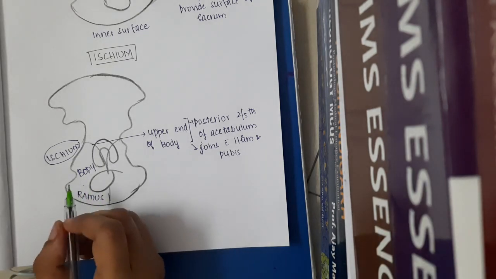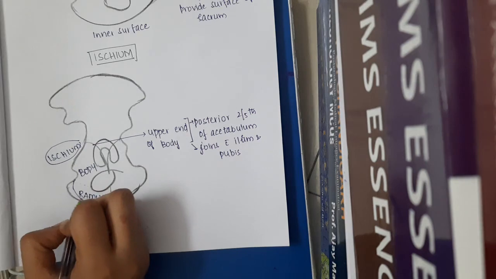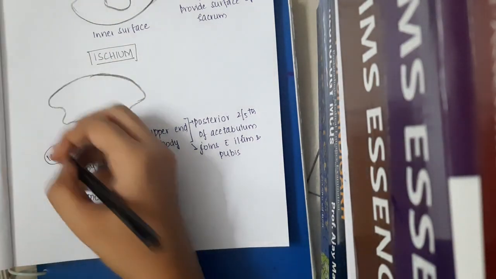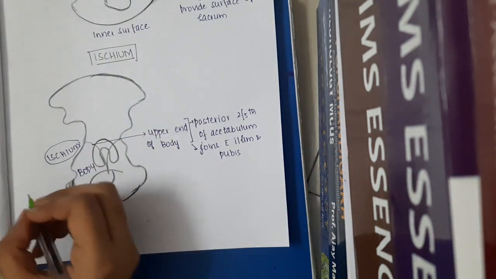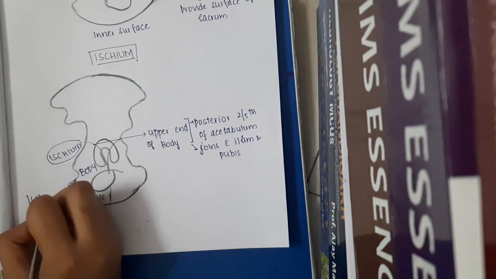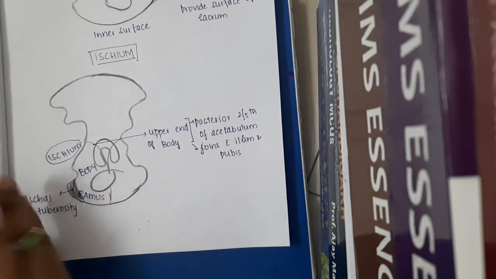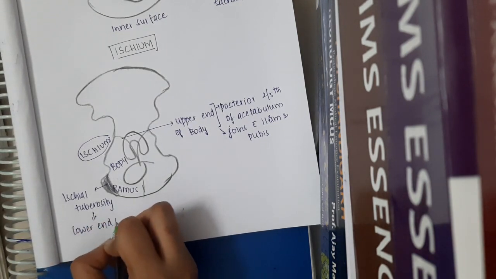See, this is the ischial tuberosity, which is seen in the lower end of the body.